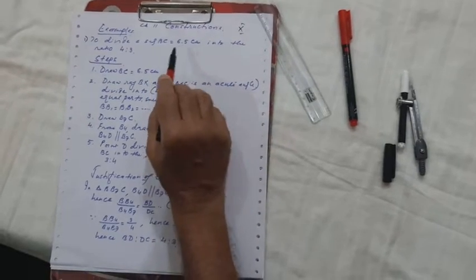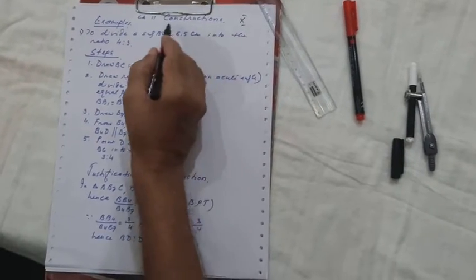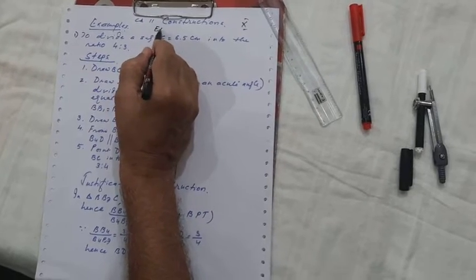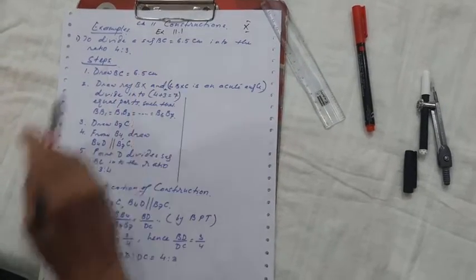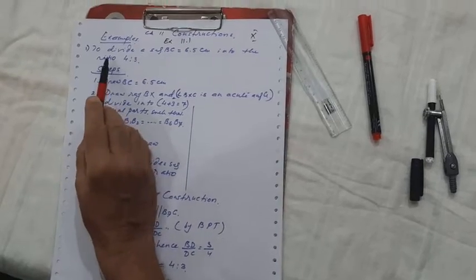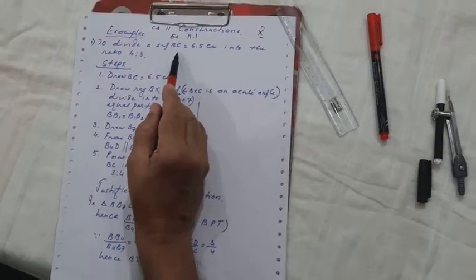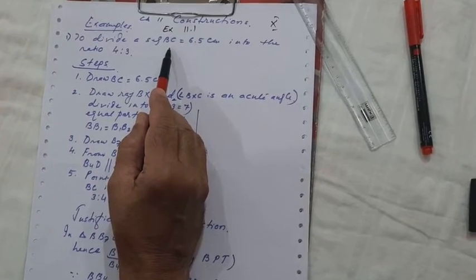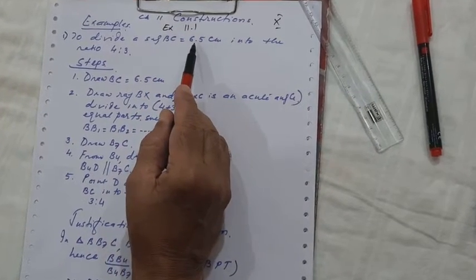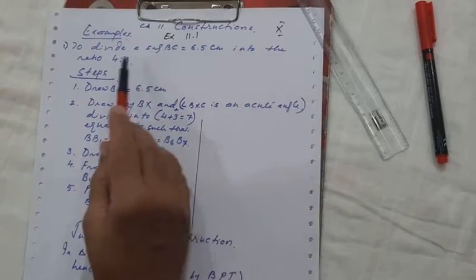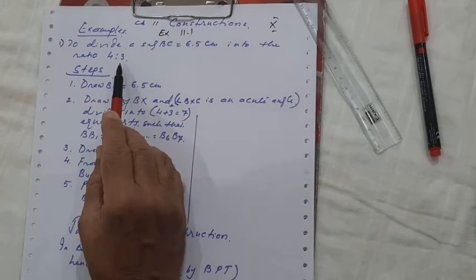Now, today we are going to start the exercise examples for exercise 11.1. Your first example is to divide a segment BC of 6.5 centimeter into the ratio 4:3.